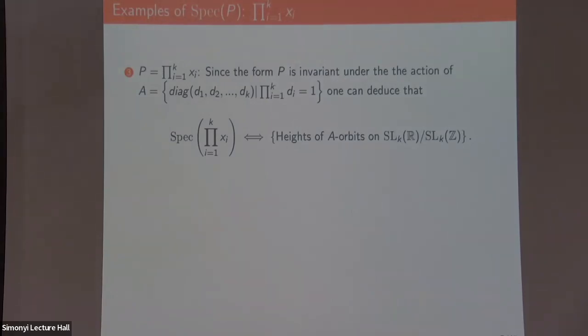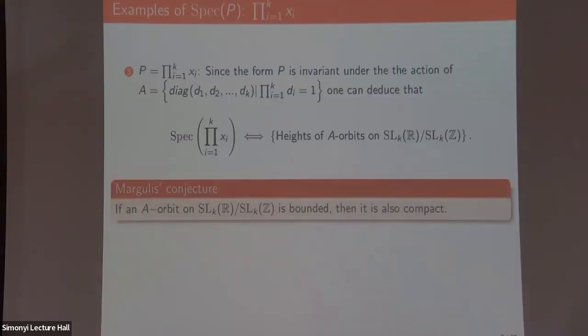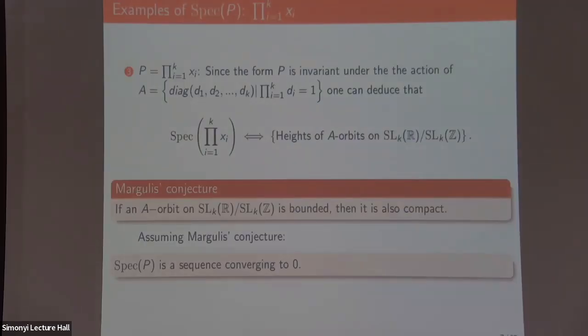So there's a conjecture in this area, one of the most important conjectures, which is the Margulis conjecture, which states that for dimensions 3 and more, any diagonal orbit is either unbounded or it's compact and comes from a totally real number field of degree k. So if we knew this conjecture, which is a very big if, we would also know the Littlewood conjecture, we would know that the spectrum is a sequence converging down to 0.